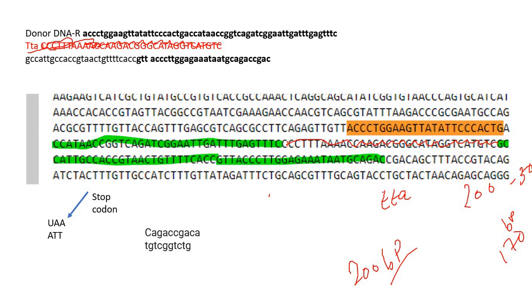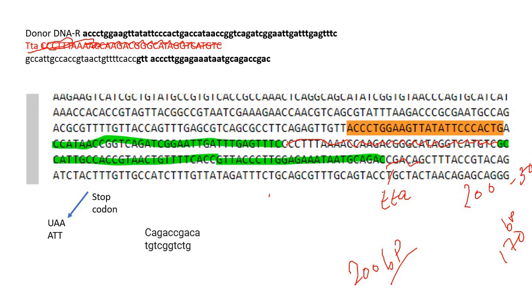So I think you have to take from here: A double C, GAC, T A G C C A G A C C G A C. So till here you have to include this portion. That will be your 200 base pair. From here till here, double CGAC, it is 200 base pair.